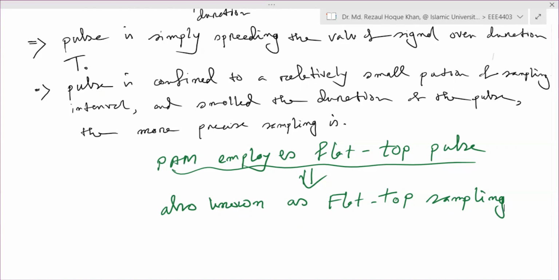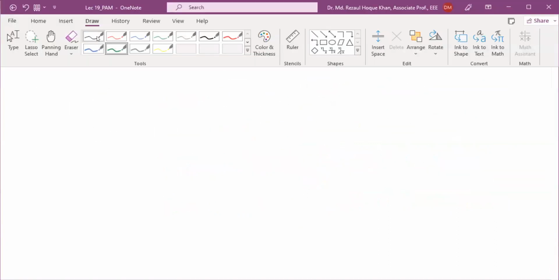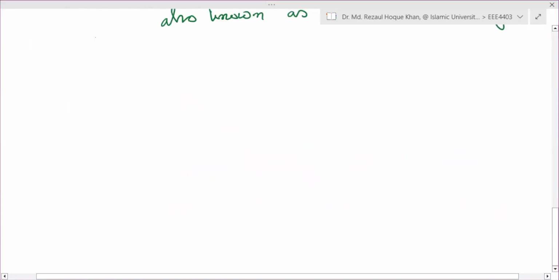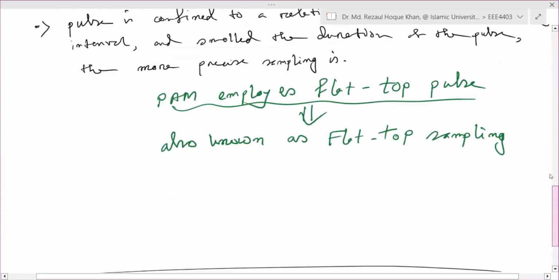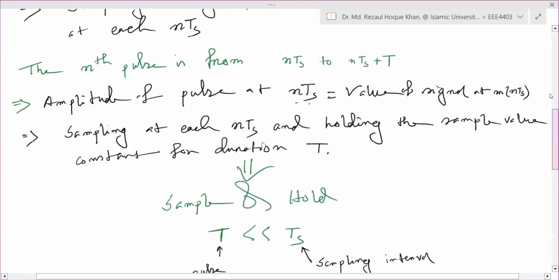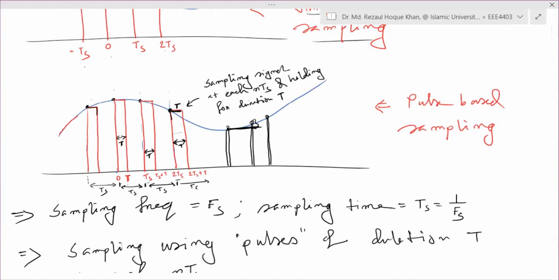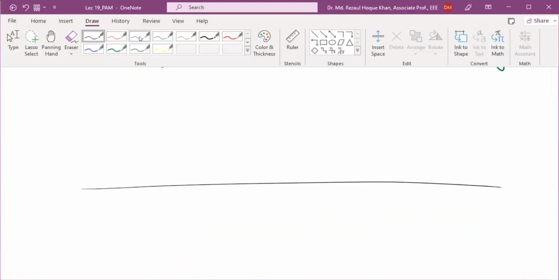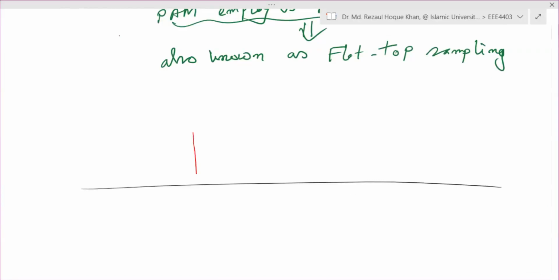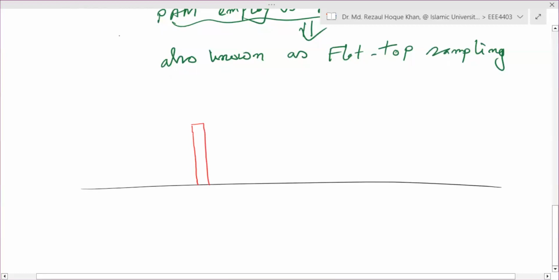So we are modulating the amplitude of each pulse at nTs, scaled by the value of the signal at nTs times the pulse, where each pulse has unit amplitude. Let us draw the sampled pulses.